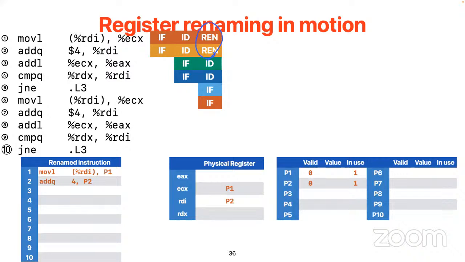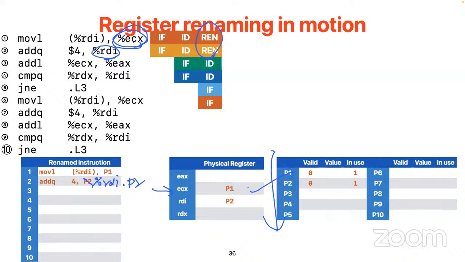And remember, the idea of register renaming is that whenever we have a new output, we give it a new register to store its output. So now this instruction is actually being rewritten. The first instruction generates an output called ECX, and the physical register for ECX is, let's say, P1.